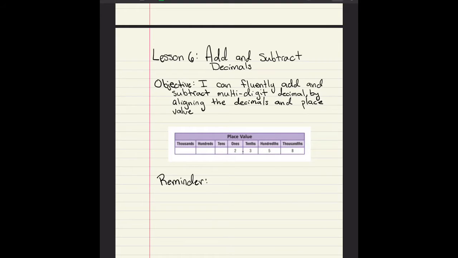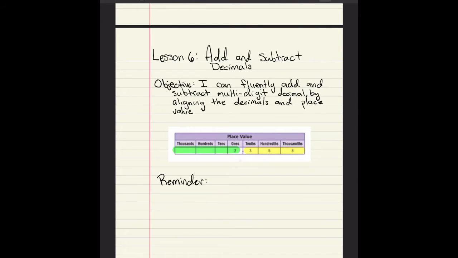So we have our ones place value. That's where you could say our whole numbers are, right? So those are our ones, tens, hundreds, thousands. Those are the quote-unquote regular numbers we usually work with. And then on the opposite side of the decimal, you have tenths, hundredths, thousandths.